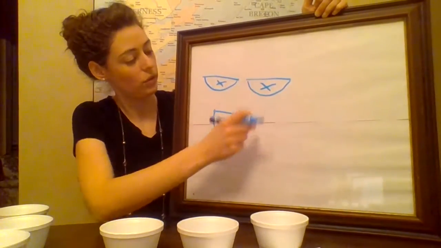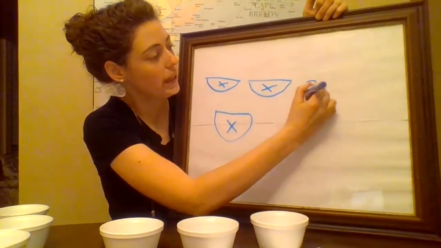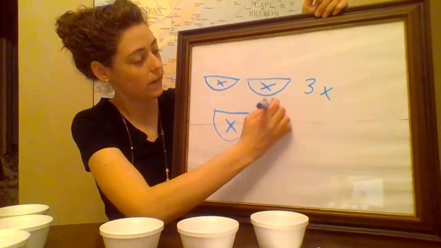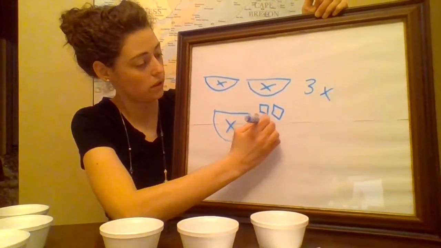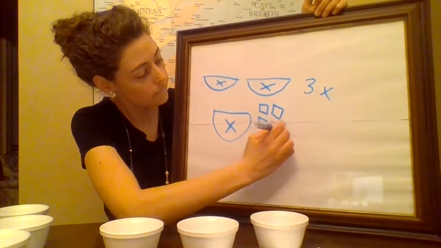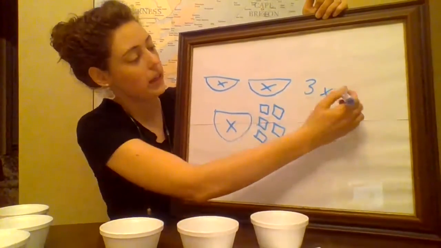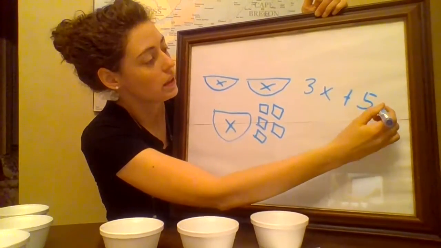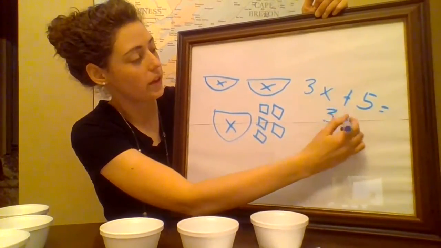And we have 3 of these bowls, so that's 3x. Now outside of the bowls, we still had 5 cubes. So 1, 2, 3, 4, 5. And that's where we would say 3x plus 5 equals 35.